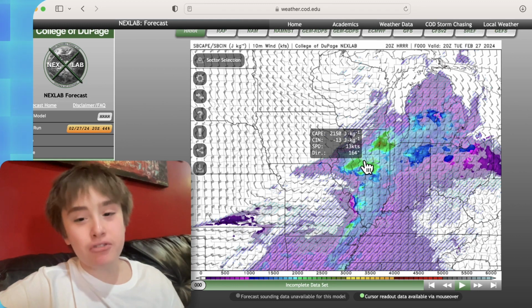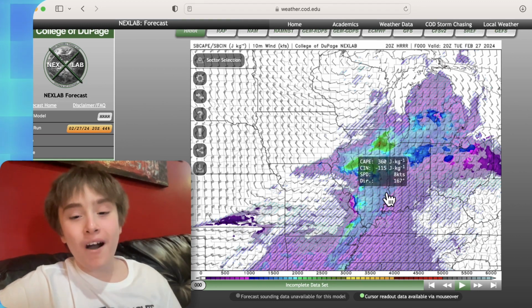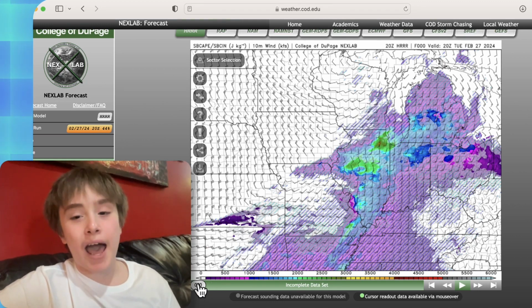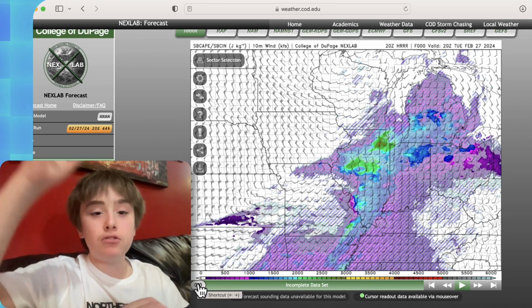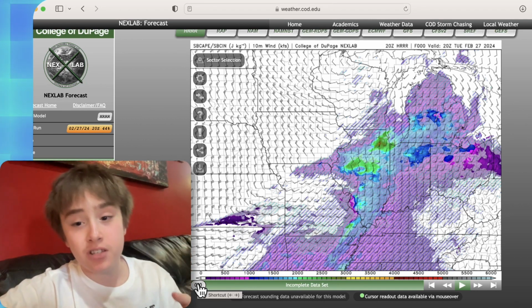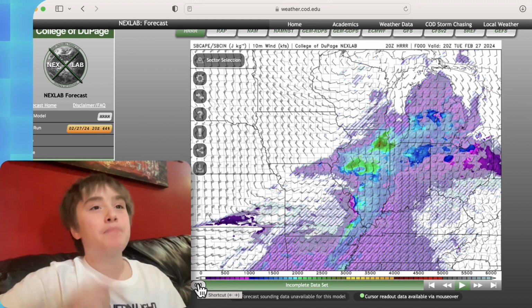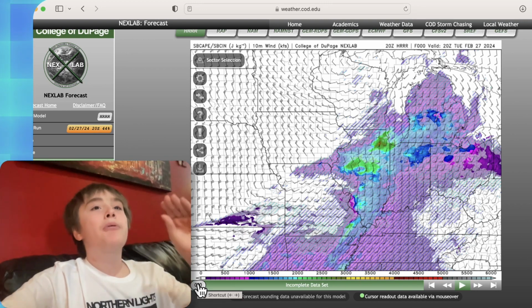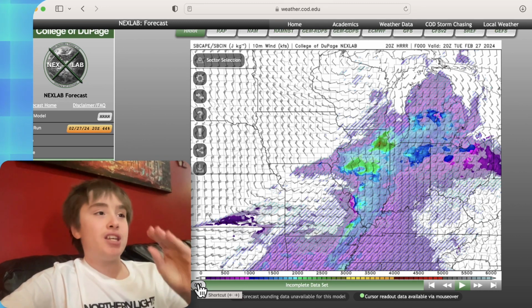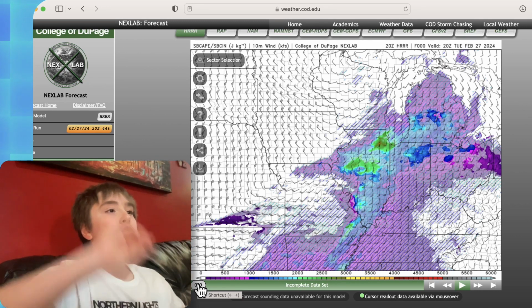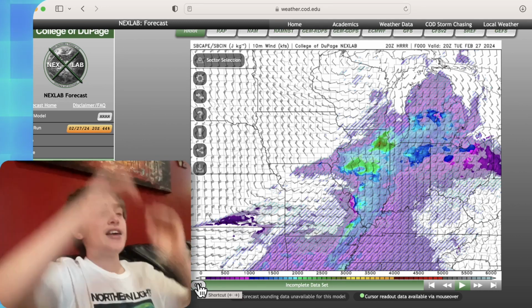And there are two kinds of CAPE. One is uncapped CAPE, which is the CAPE that builds storms, which is the CAPE that we're seeing. Uncapped basically means that a perfect transition exists between cold and warm air in the atmosphere.